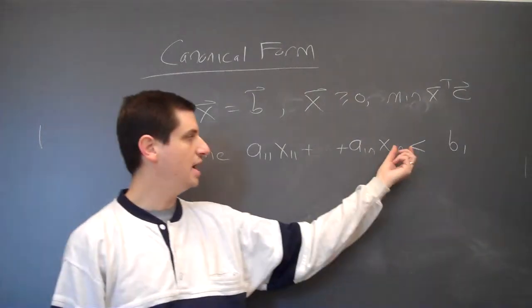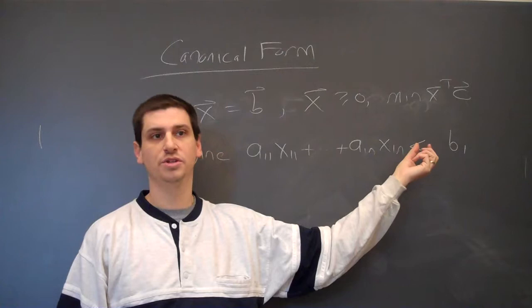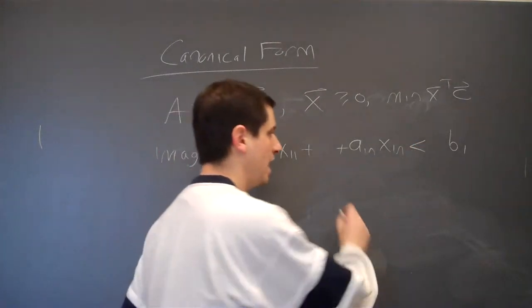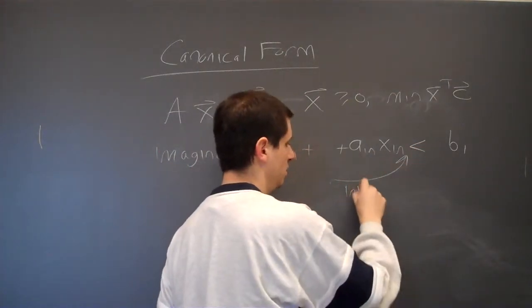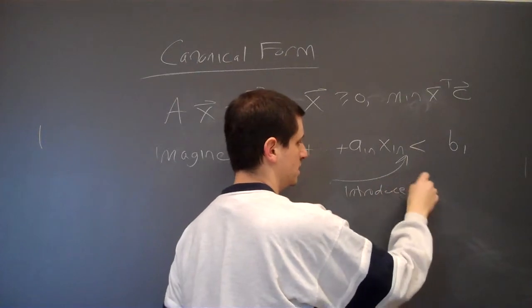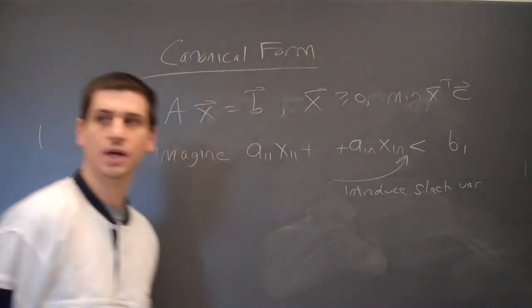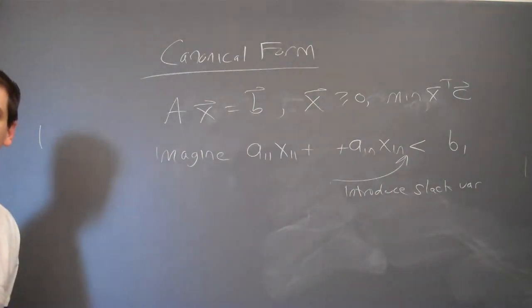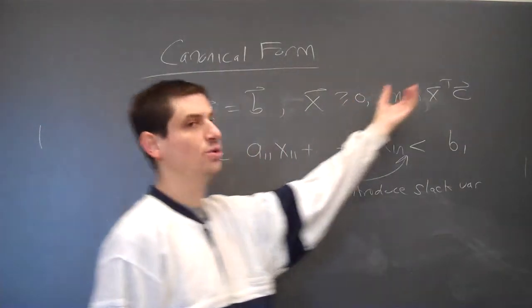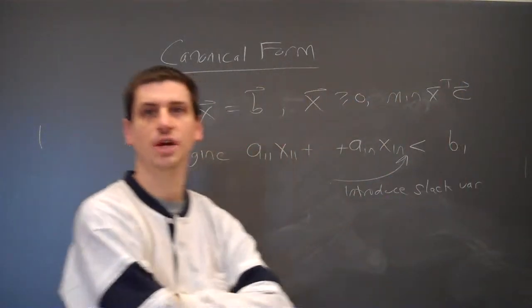I then just add another slack variable to make them equal. So I introduce a new slack variable. And now once I introduce the slack variable, I can force an equality. And then if I don't really care about what that slack variable is, then I'm in good shape.